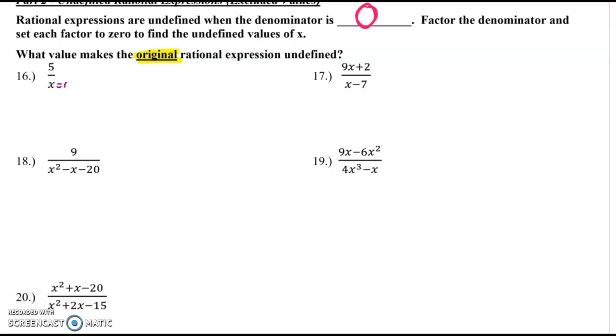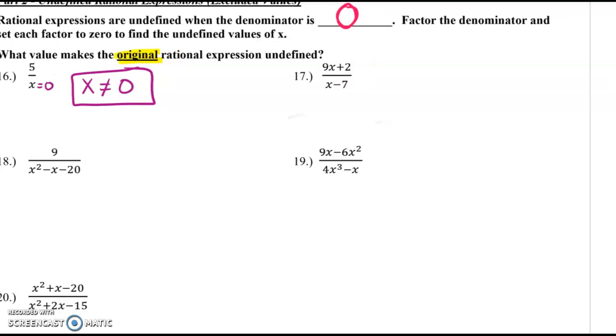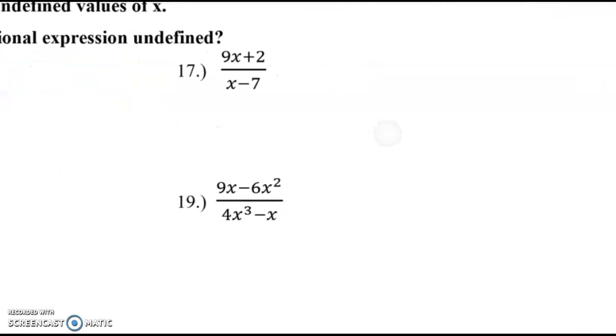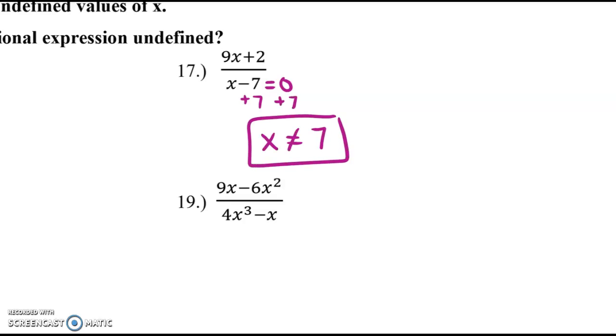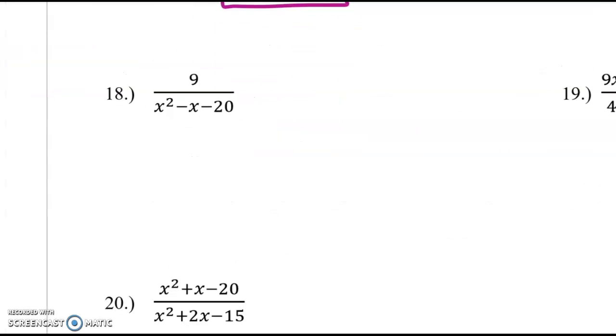So if I set this denominator equal to 0, I get that x can't equal 0, because if x does equal 0, then it's undefined because the denominator is equal to 0. Looking at this one, I'm going to set this equal to 0, add over the 7. x cannot equal 7, because if x does equal 7, then the denominator equals 0. This one I need to factor, so this is an add multiply problem.